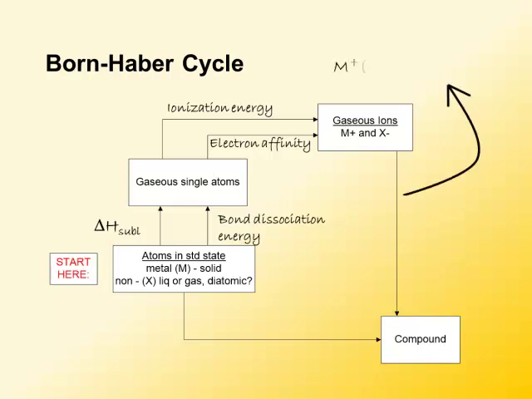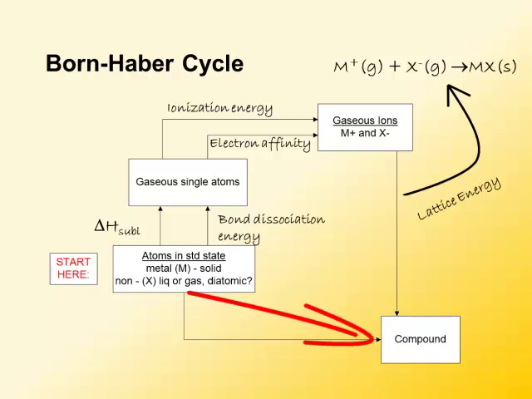Then we take the gaseous ions and bind them together. That's lattice energy. Down at the bottom of this diagram, we see a direct line from atoms in their standard states to the compound. Again from the thermochemistry unit.